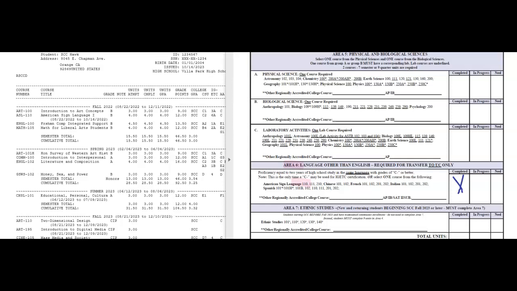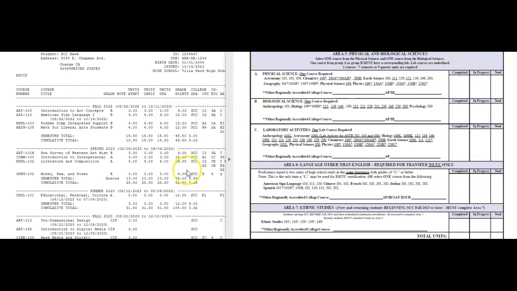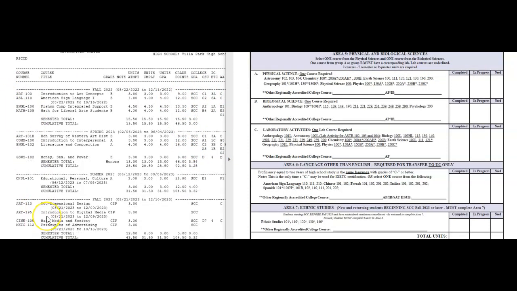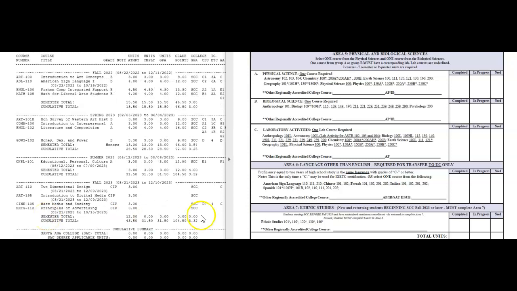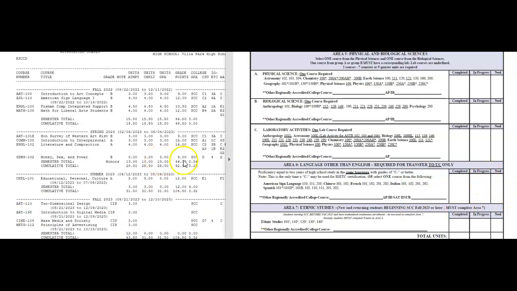Okay, so that's Plan C. You're going to do that the same way, looking at every single class that you completed and making sure that you don't miss any of the classes. And if the class is still in progress, you would mark it into the in progress area there.